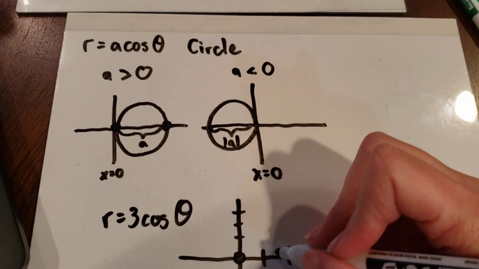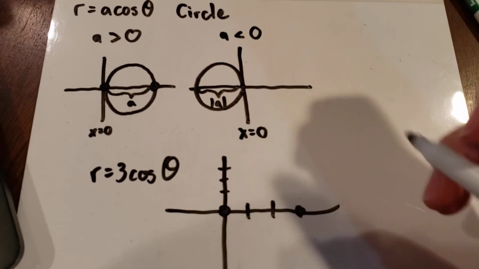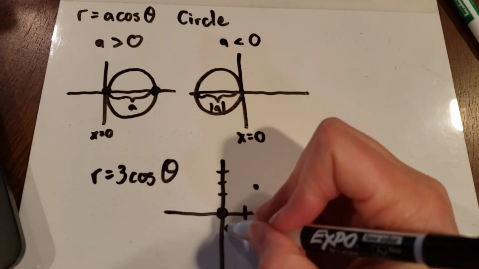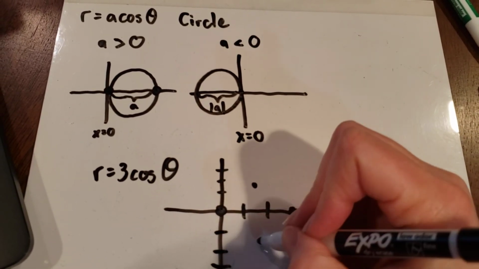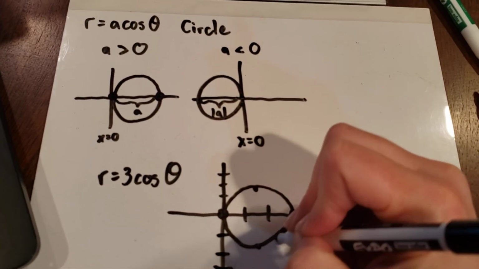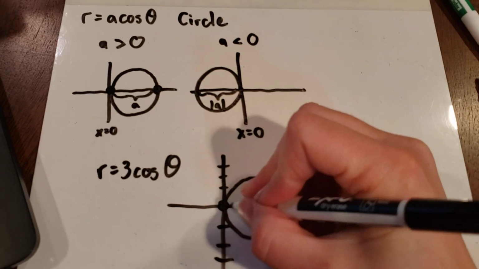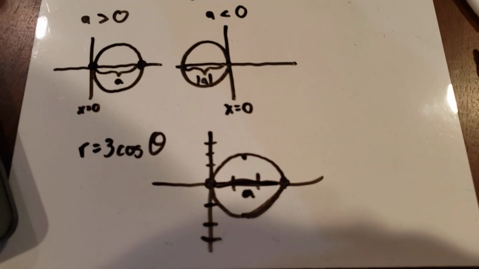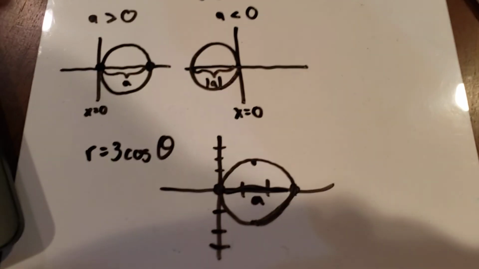The center is at (1.5, 0). That's going to look like that. This is a. The diameter is a, not the radius.